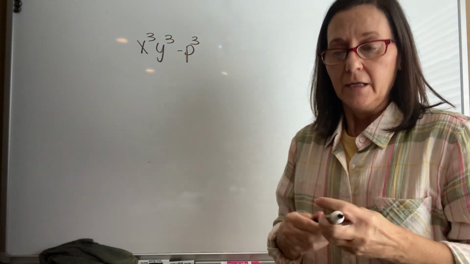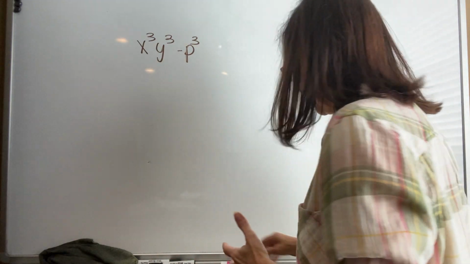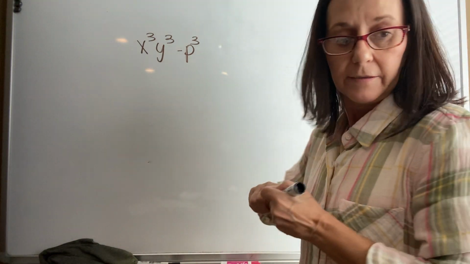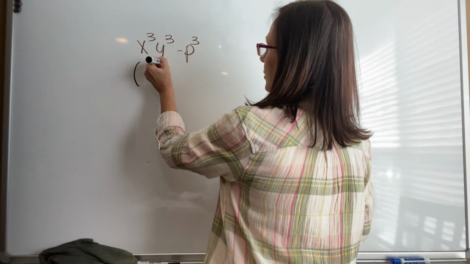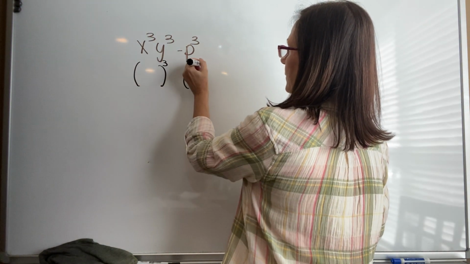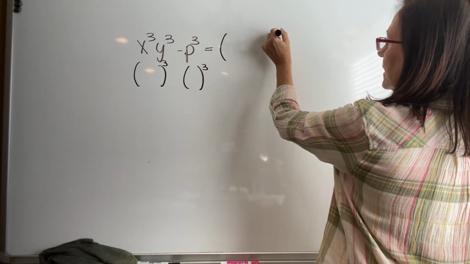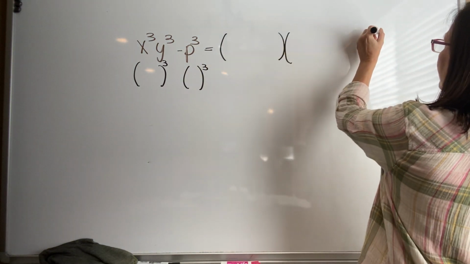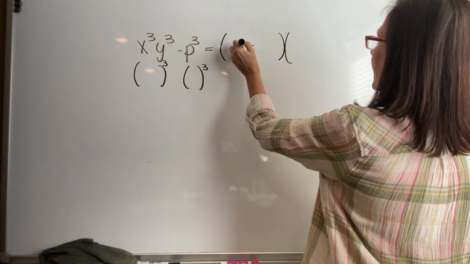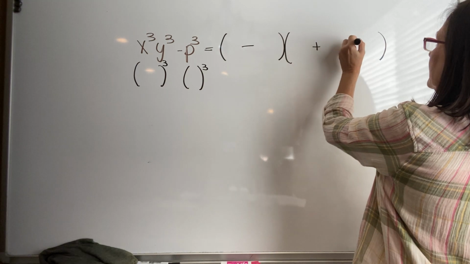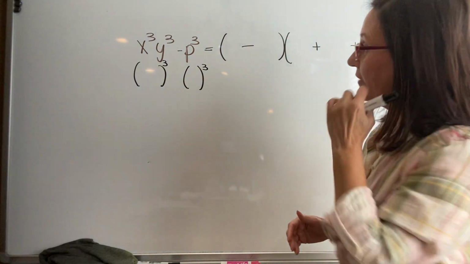So first we ask ourselves, what is this term cubed, this term cubed? But we can go ahead and put our signs in. I'll leave plenty of space. If it's minus, plus, plus.